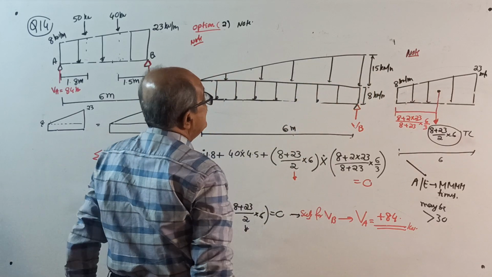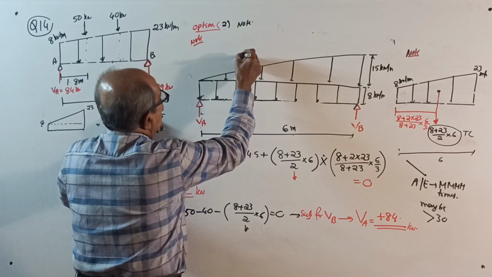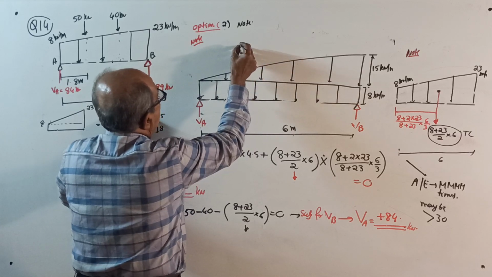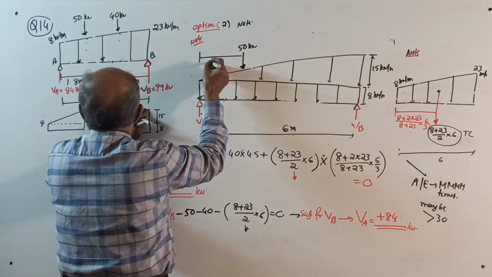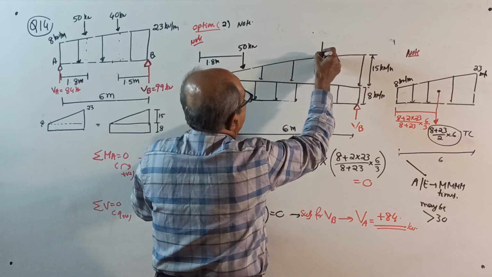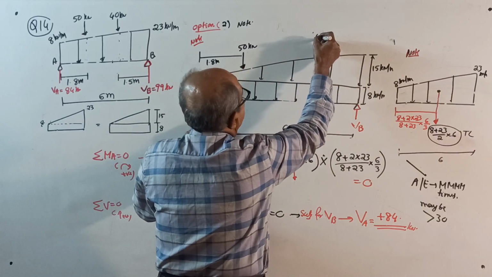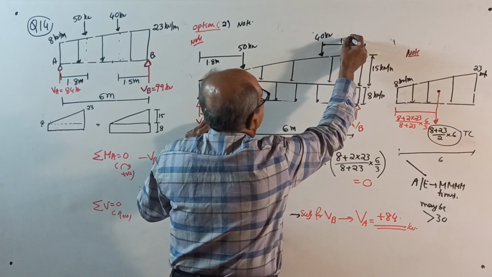Okay, now this is over. Two point loads are there. One right wherever is the point load. One point load here, 50 kilonewton. From here is 1.8 meter, wherever it is. One more point load here, 40 kilonewton. From here is 1.5 meter.